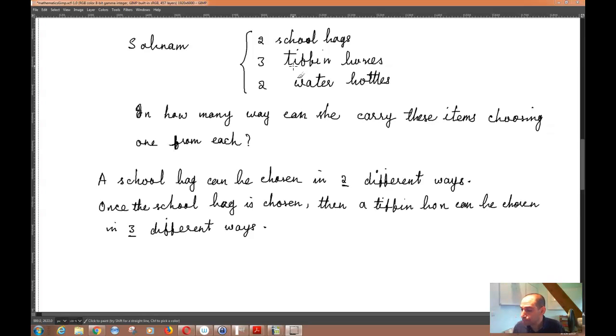And so a tiffin box can be chosen in three different ways.